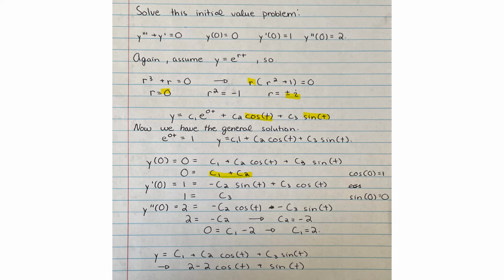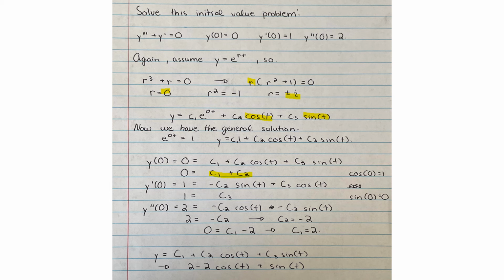For y prime 0 equal to 1, we take the derivative of the general solution. And so we can get rid of the constant 2 sine t, because again, sine 0 equals 0. And we find that constant 3 is equal to 1.